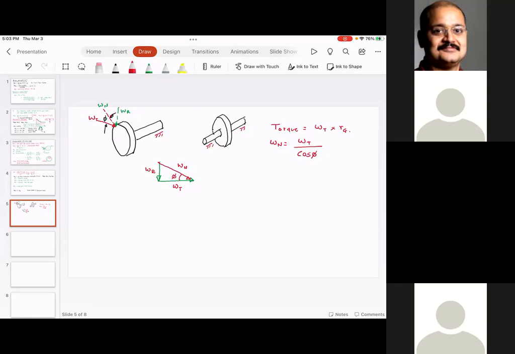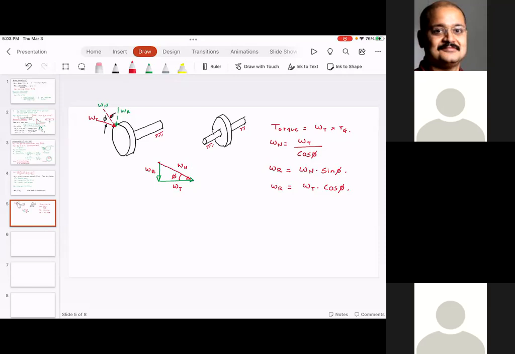WR, which is the radial force, is nothing but Wn multiplied by sine phi. In other words, WR is equal to WT times tan phi. So these equations are super important when you are trying to solve the forces on the gears.